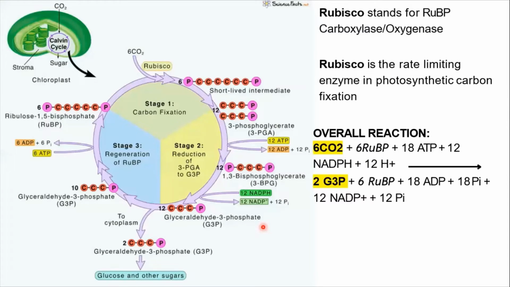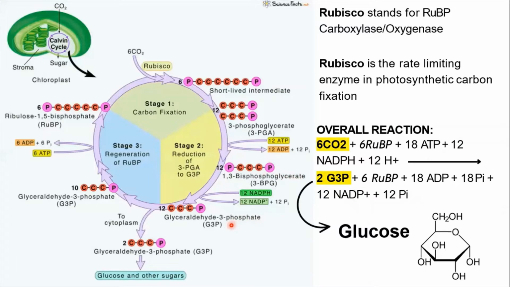So here's the overall reaction of the Calvin cycle. We have 6 carbon dioxide from the environment together with 6 RuBP and the consumption of 18 ATP, 12 NADPH, and 12 H plus will yield 2 moles of glyceraldehyde 3-phosphate, 6 RuBP will be regenerated, 18 ADP, 18 orthophosphate, 12 NADP plus, and another 12 orthophosphate coming from the dephosphorylation of 1,3-BPG to G3P.